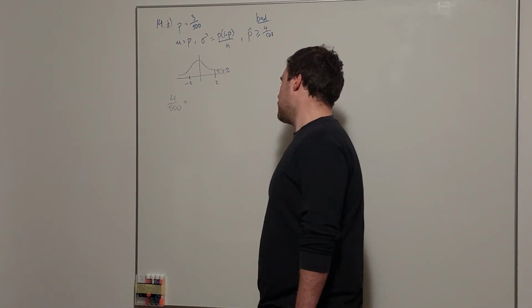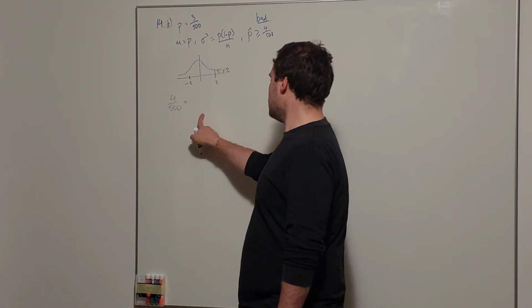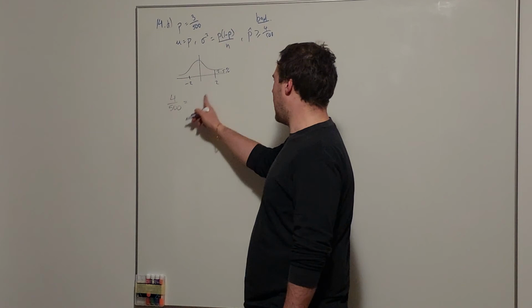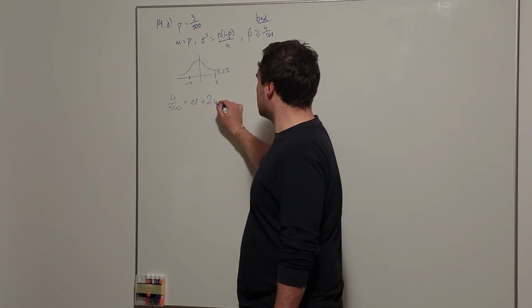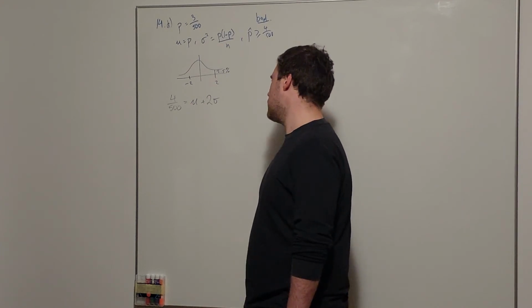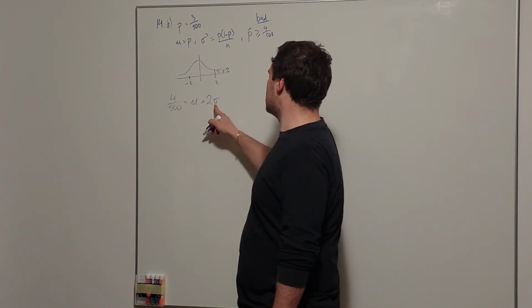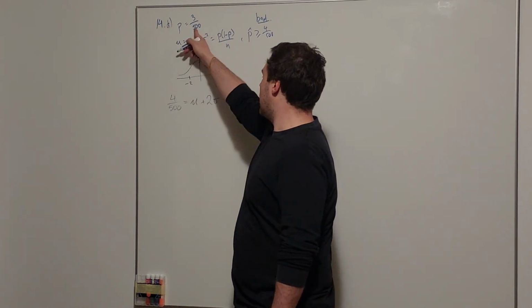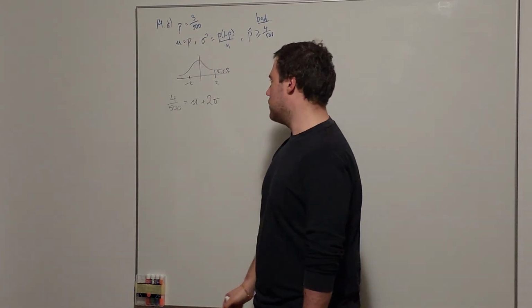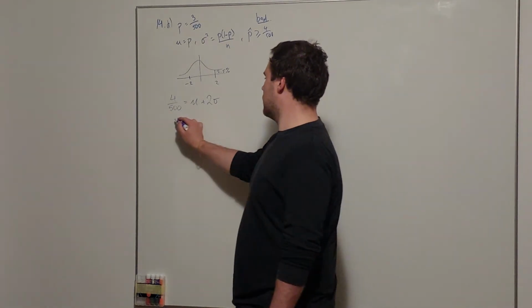And we want to solve for n here, and a z-score of 2 is the mean plus 2 lots of the standard deviation. We have an expression for this, and we have a value for P, so now we just got to go through the motions.